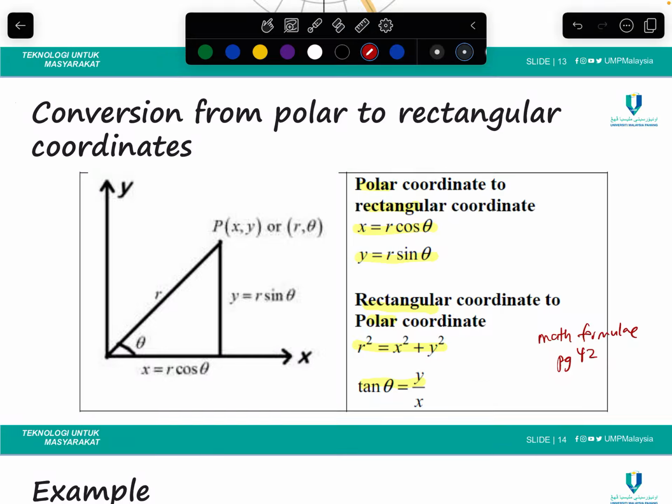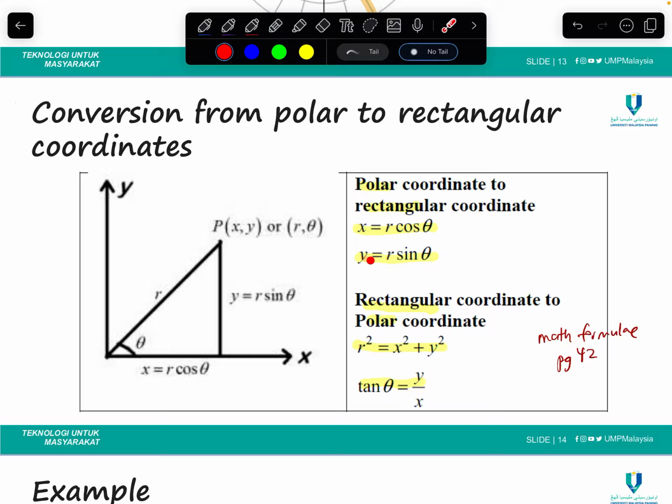So let's derive this formula. How do we get this formula? Why x equal to r cos theta, y equal to r sin theta? Refer to this graph. We have rectangular coordinates y versus x, and this is the point P. The position is P(x, y) in rectangular coordinates, or (r, theta) in polar coordinates.